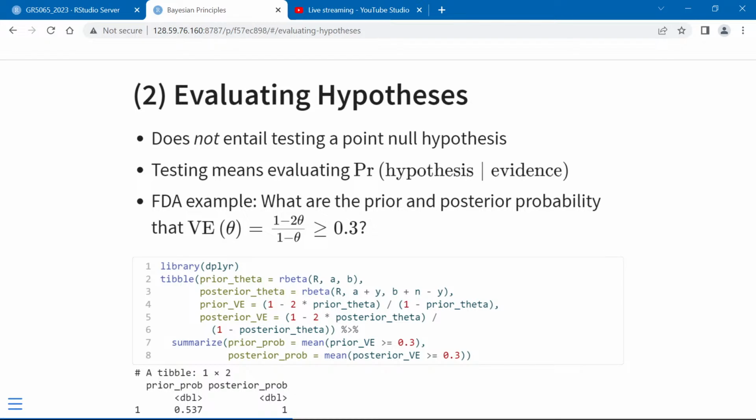Did you have a question? Yeah, this is more from a process perspective, but mathematically you don't have to pick the prior before you see your data. But from an FDA perspective, do they have to say their prior before they see any of the data? Yes, or at least they did.